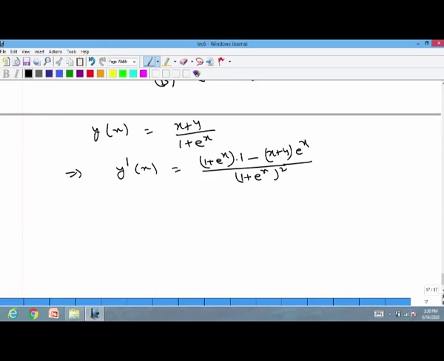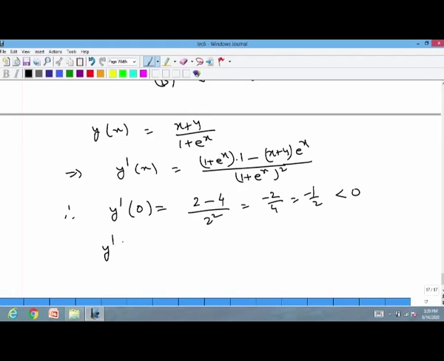So, y'(x) is given by this expression. Is this equal to 0 at any point in the interval (-1, 0) or not? Let us calculate y'(0). If I put x = 0, then 1 + e^0 is 2, so this is (2 - 4) / 2^2, that is -2/4 = -1/2, which is less than 0.